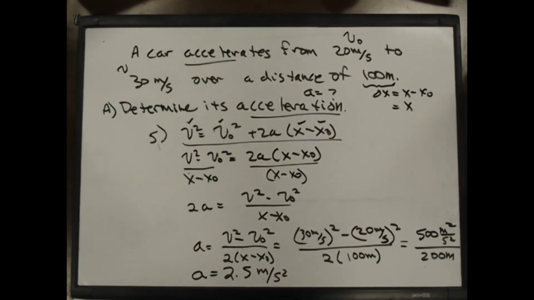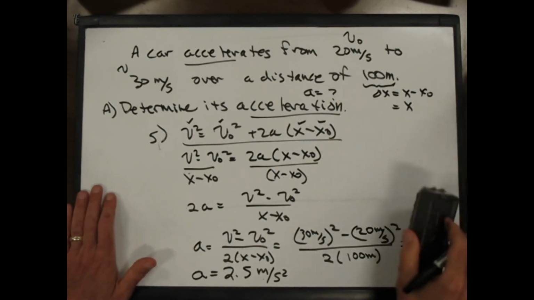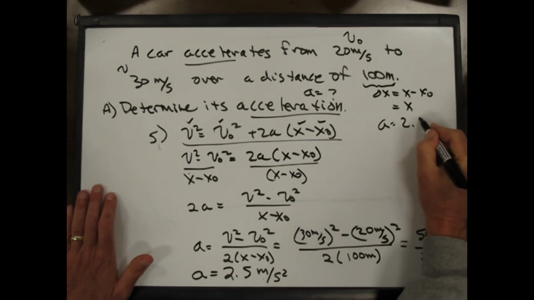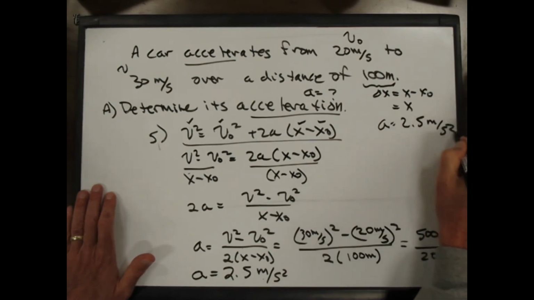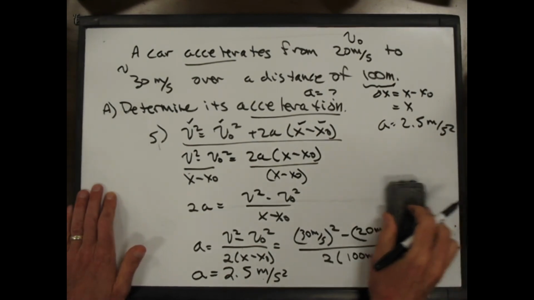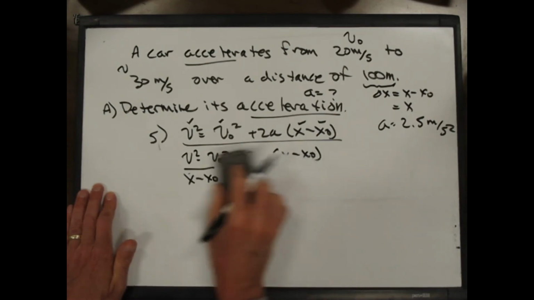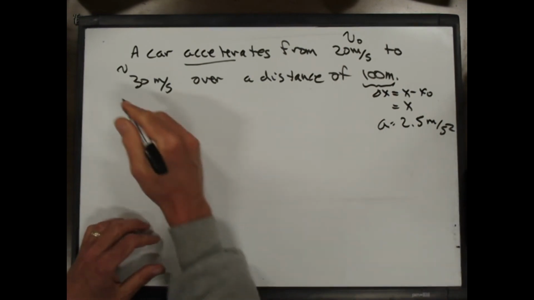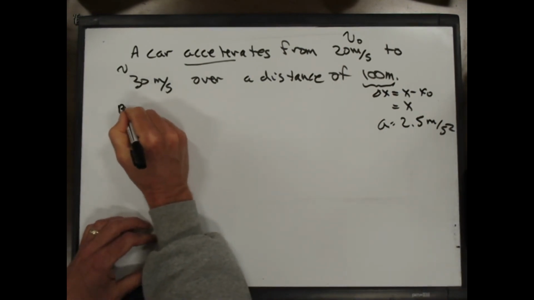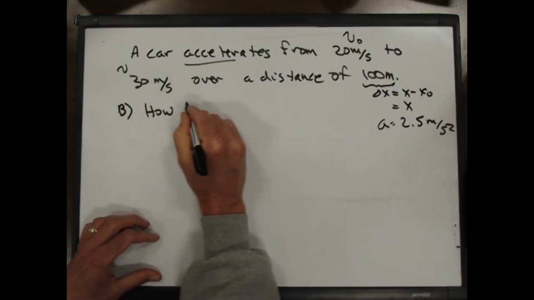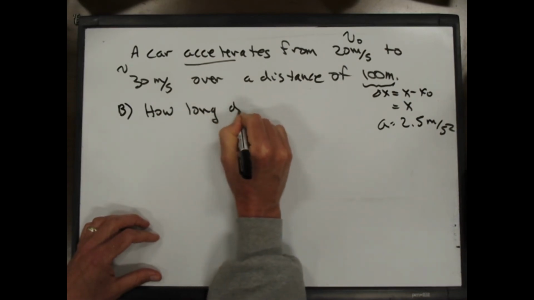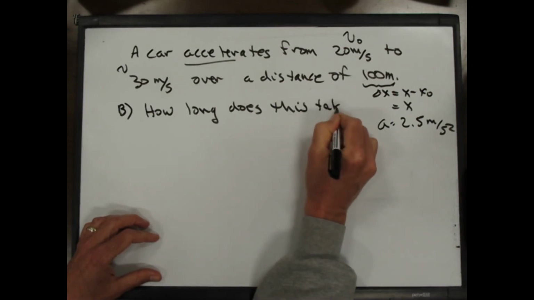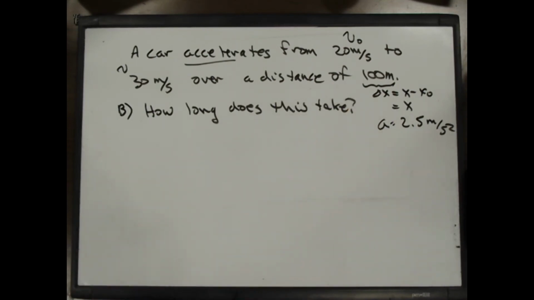I could ask a few other questions about this. So that was it. I got a is equal to 2.5 meters per second squared. And now I can go off and I can say, question B, how long does this take?